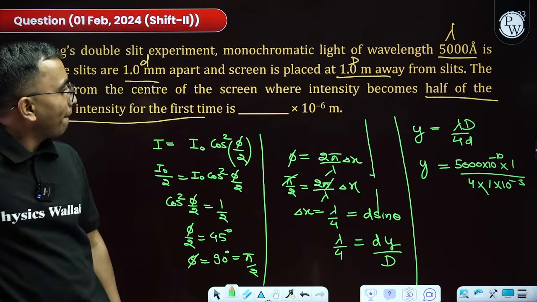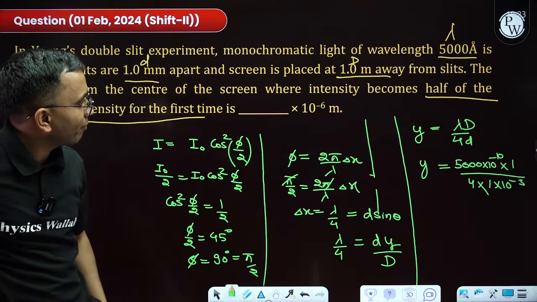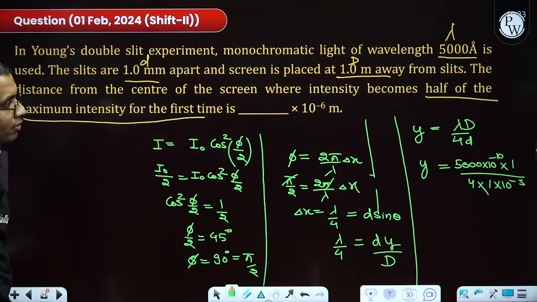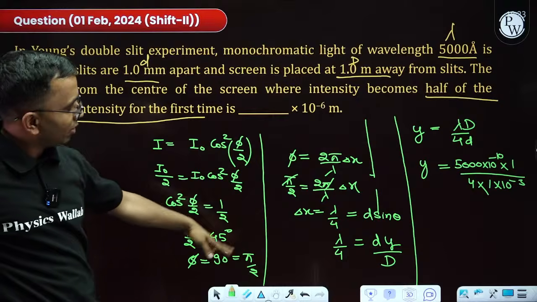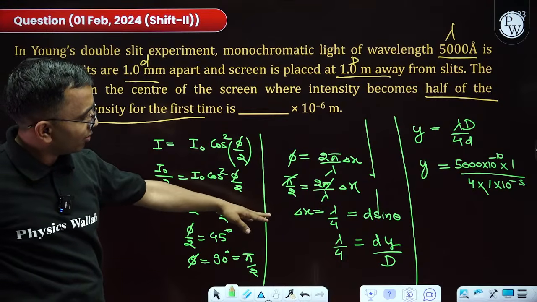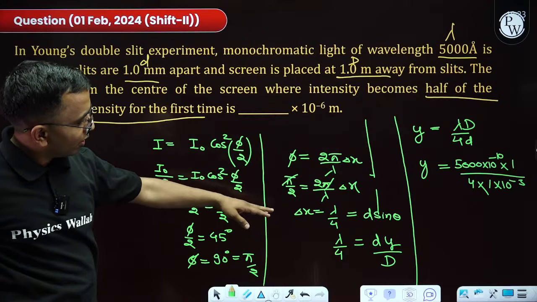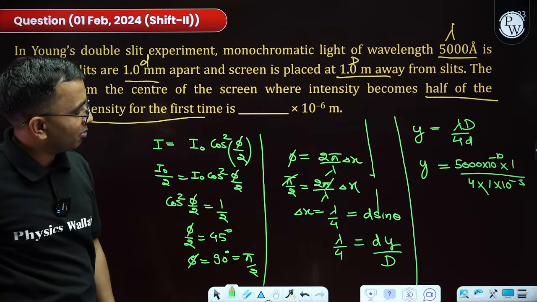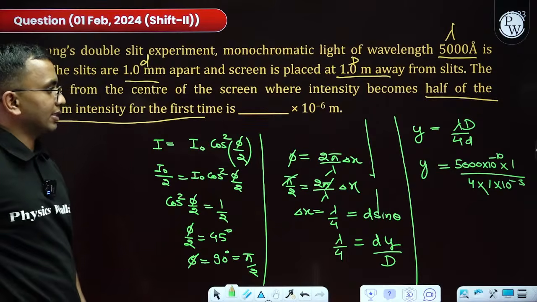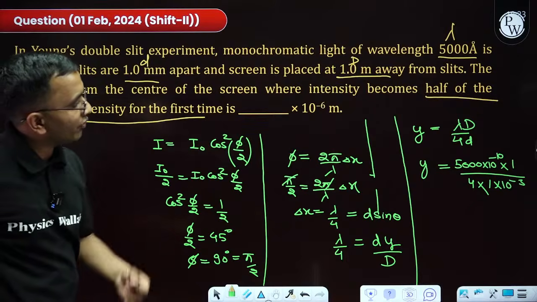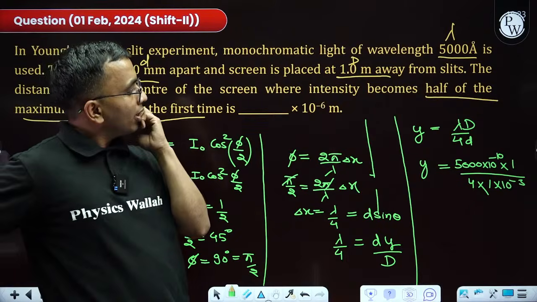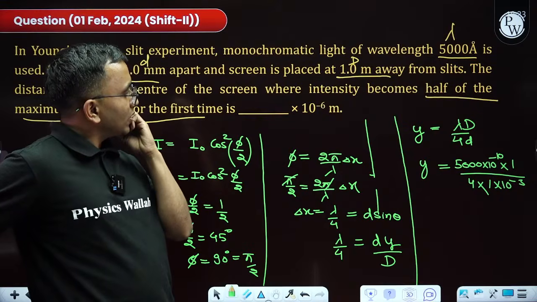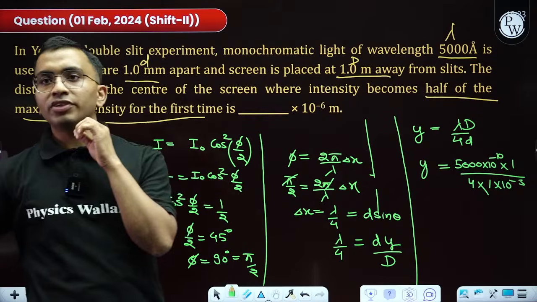Pi by 2, 2 pi by lambda, that is lambda by 4. Okay, y comes out to be lambda D divided by 4 into small d. Yes, I think it will come 125 from here. 10 to the power minus 7 minus 4. Yes, 125 it will come.